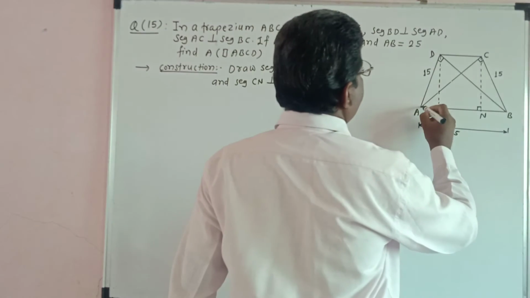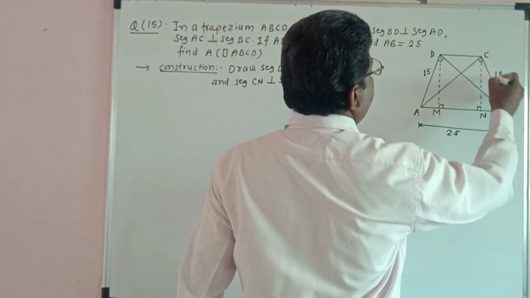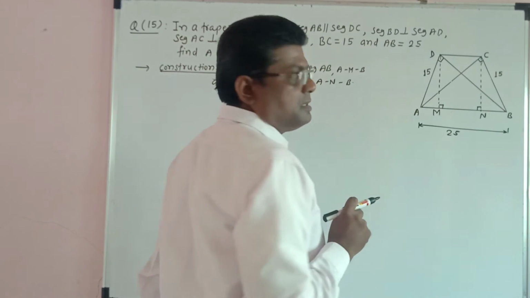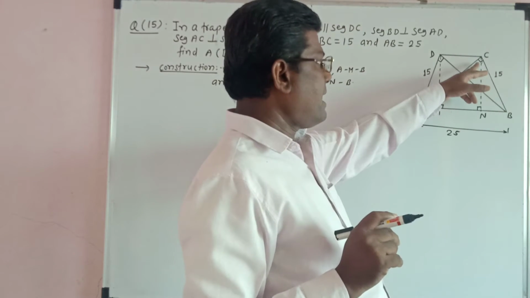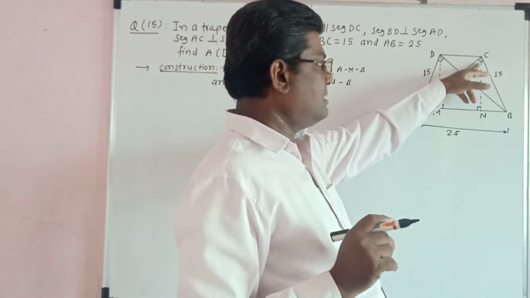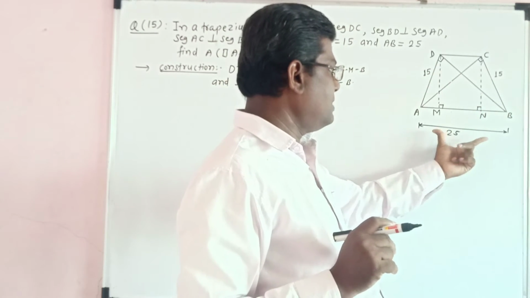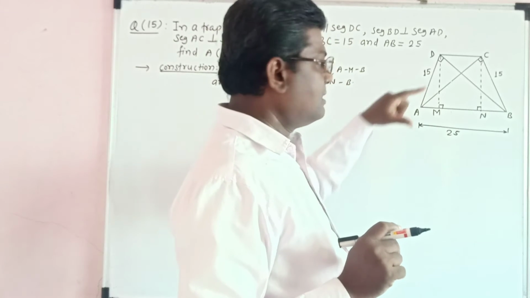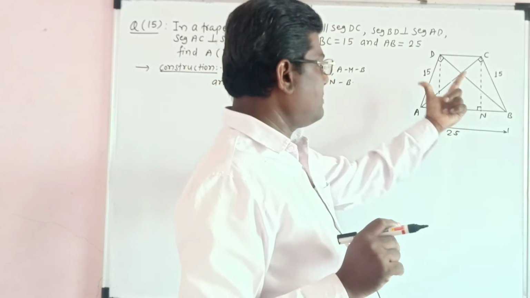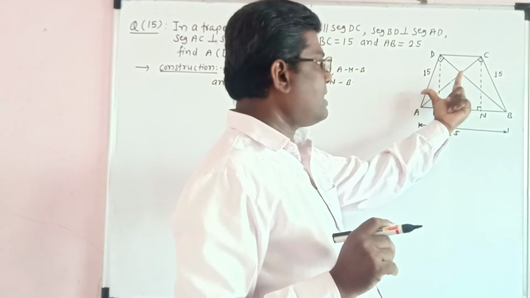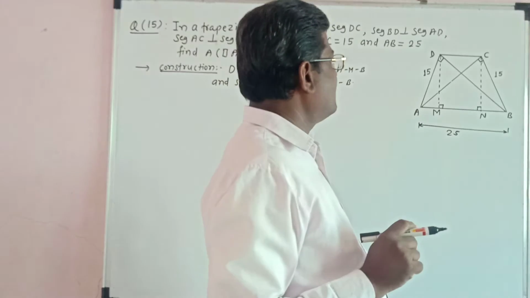Now consider triangle ACB. In this triangle, angle C is equal to 90 degrees, BC is equal to 15 and AB is equal to 25. Therefore, by applying Pythagoras theorem, we can find AC.